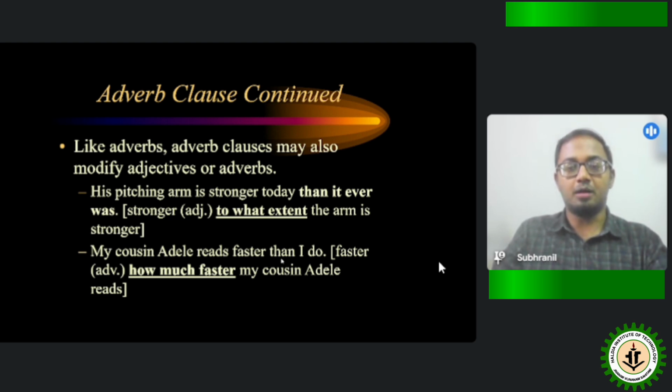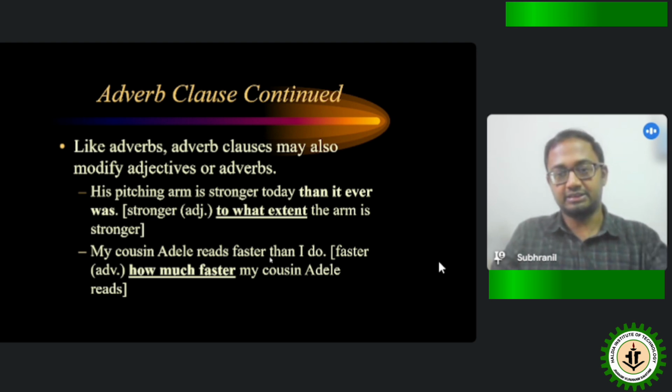His speaking arm is stronger today than it ever was. Like his speaking arm was stronger. Stronger is the adjective. To what extent was it stronger? We can get an idea from the use of this clause, than it ever was.